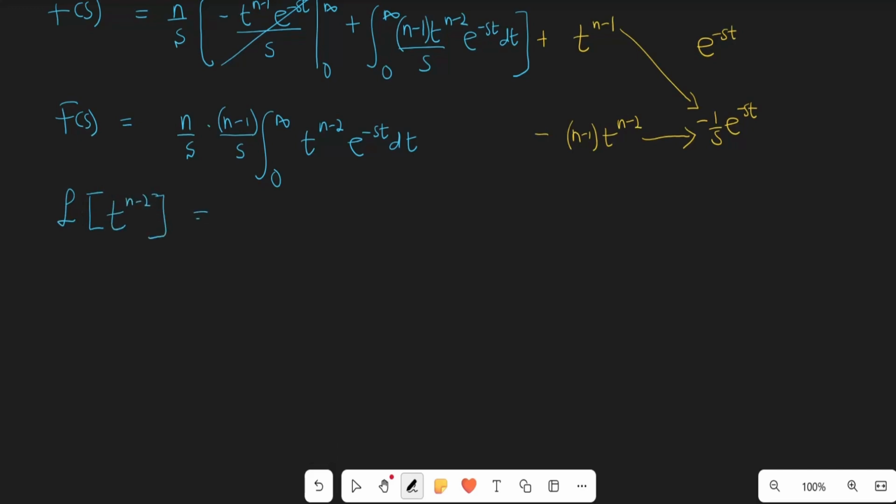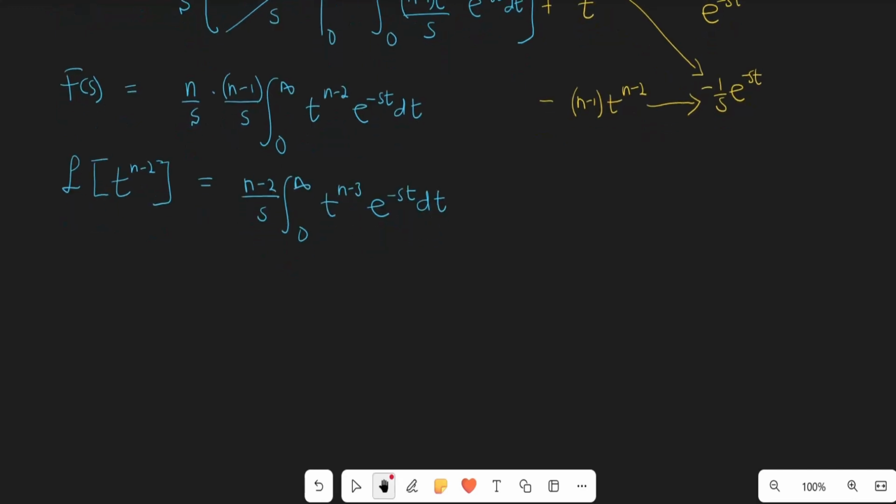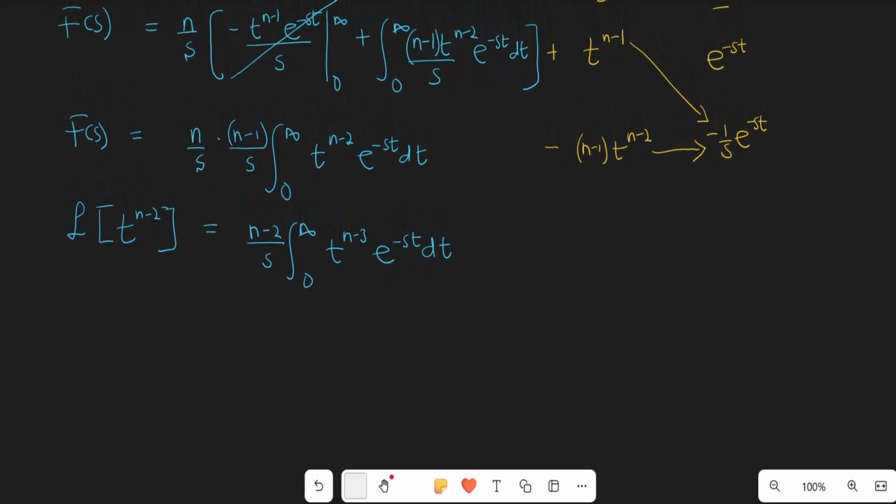So this one is going to be n minus 2 all over s, the integral from 0 to infinity of t raised to the power n minus 3, and then e raised to the power negative st dt. So by just looking at the pattern, we can write the Laplace transform of t raised to the power n minus 2 as this.